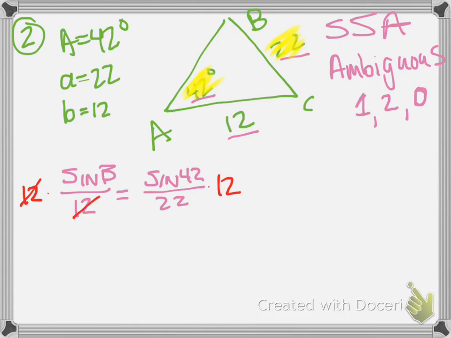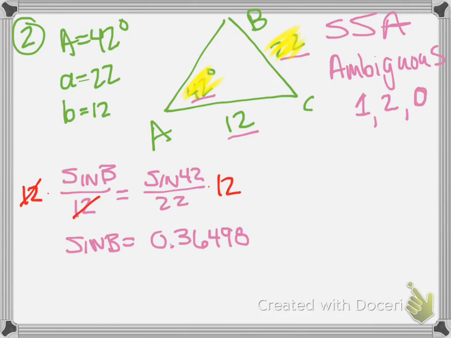And again, when I get to the other side, I can plug that into my calculator. I will get the sine of B equal to sine of 42 times 12 divided by 22, I believe, gives me something that looks like this, 0.36498-ish. All right, and when I have that, now this is a problem that we've been doing since the first unit. I'm trying to solve for an angle.